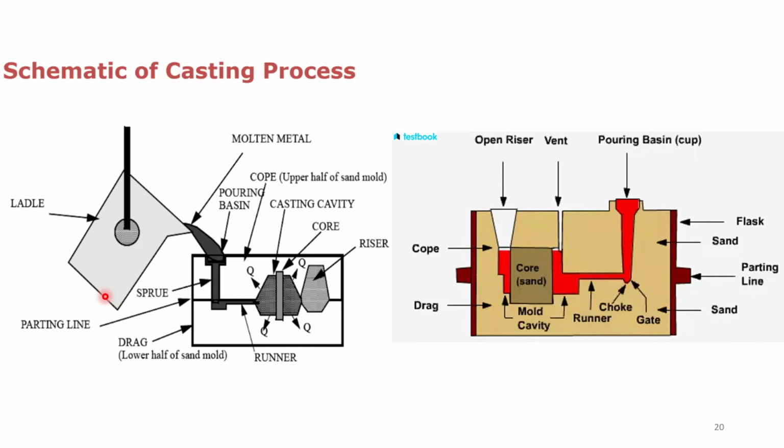In some cases your slag will get collected at the top, because it is lighter in weight. So when you are pouring from the bottom, that part won't be added into your casting. So your casting will be sound compared to top pouring. That is required in case of certain metals.